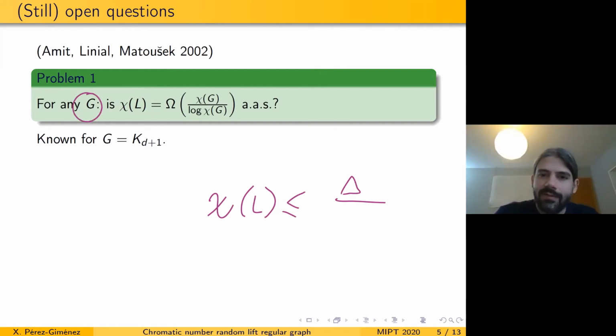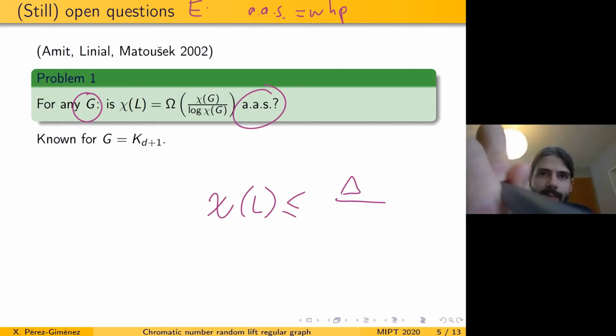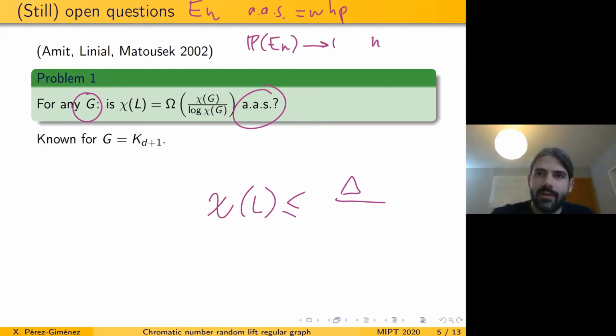So you fix a graph, you take a random lift L, and they show that the chromatic number is with high probability, or AAS. Well, let me define AAS. AAS, asymptotically almost surely, or with high probability: we say that a sequence of events happens AAS if the probability tends to 1 as n goes to infinity.